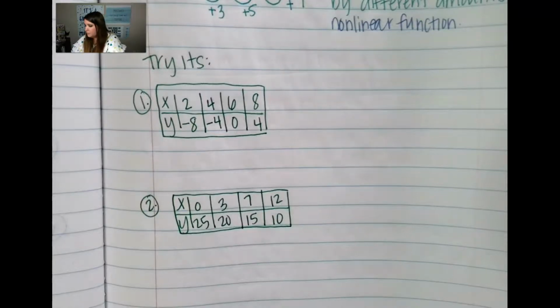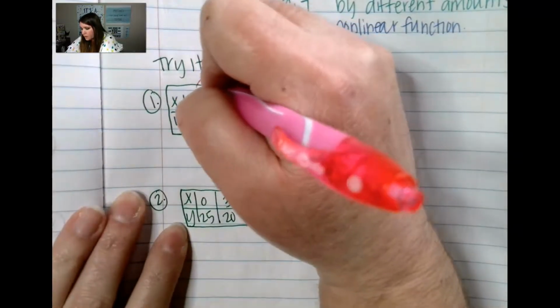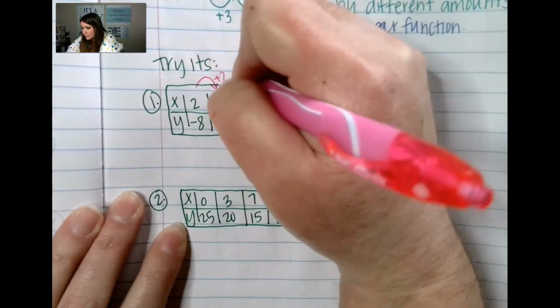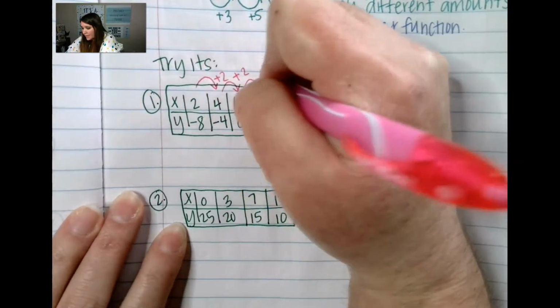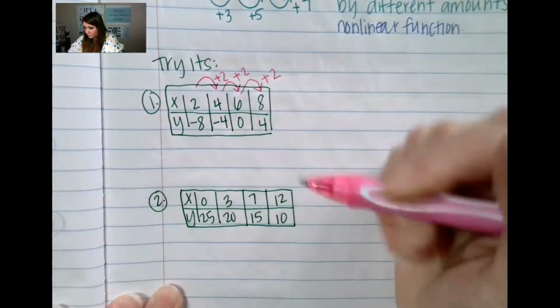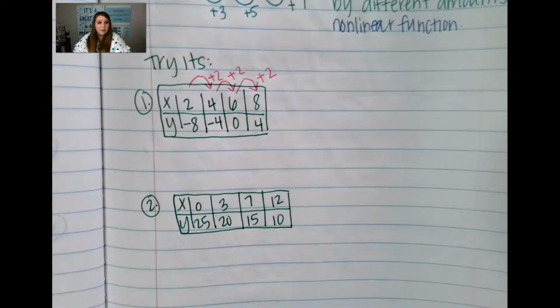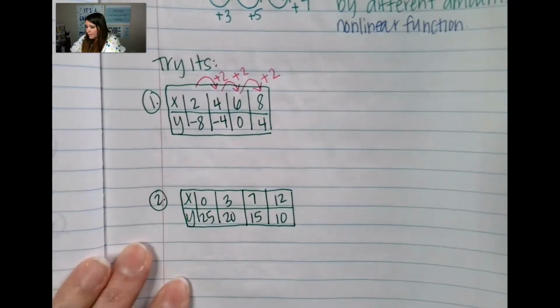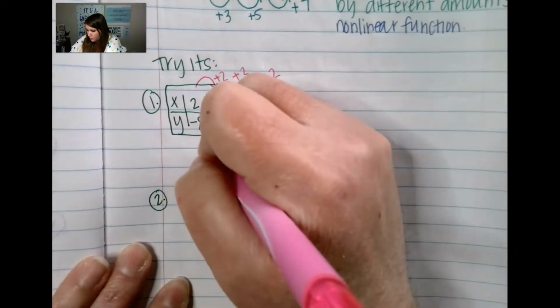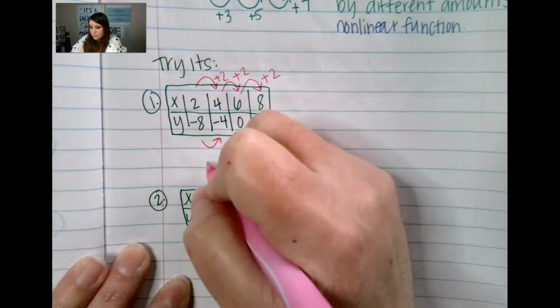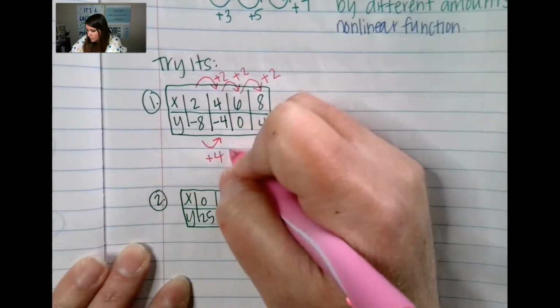All right. So to move from 2 to 4, we are adding 2. 4 to 6, add 2. 6 to 8, add 2. All right, let's look at our next one. Negative 8 to negative 4. We are increasing because we're moving closer towards 0, so this is adding 4.